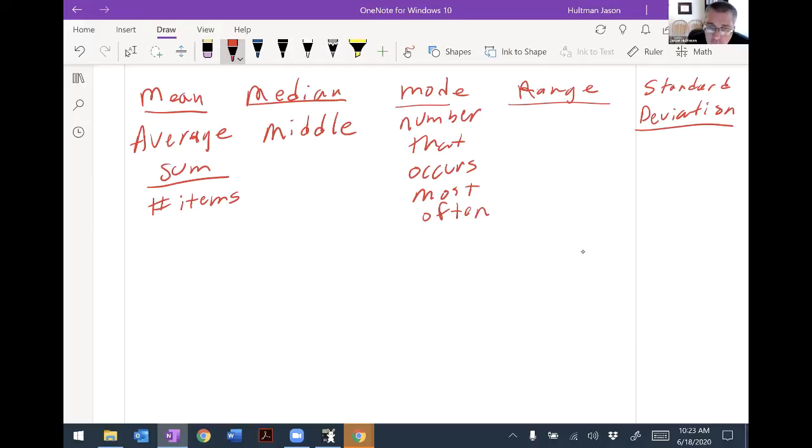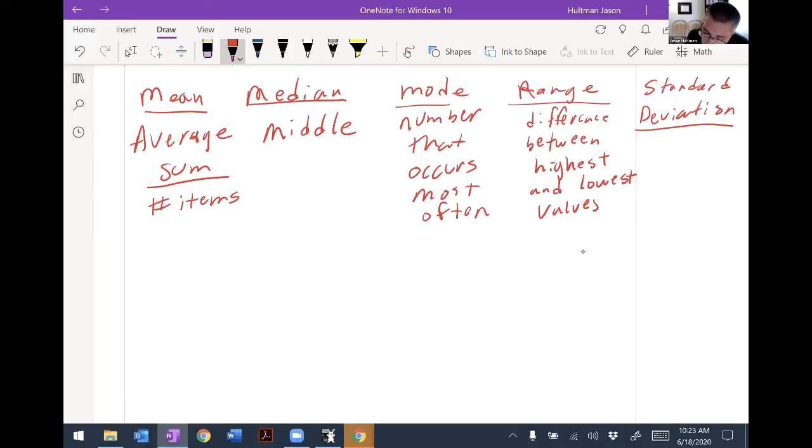Okay, what's the range? The range is the difference between the highest and lowest values. And what's the standard deviation?